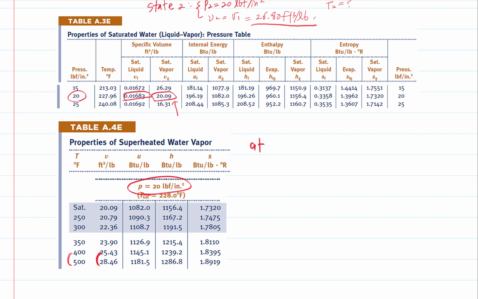So at V2, do the linear interpolation, and the temperature is determined. We also want to determine the internal energy at state 2, which sits between these two numbers. We do the linear interpolation again.